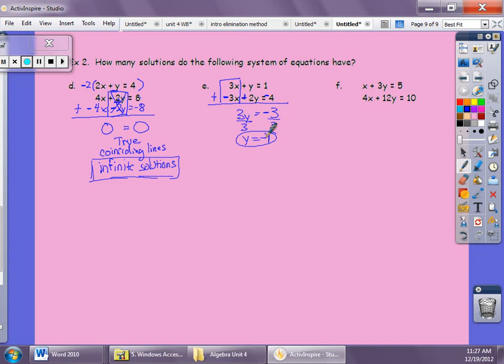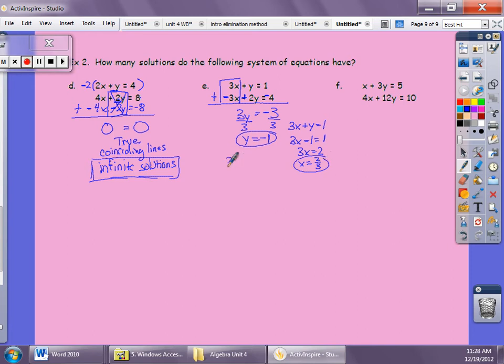So we know that y has a value. What this tells us is that we're going to have a solution. So we can figure out the value of x by plugging y back in. If we do 3x plus y equals 1, we plug in negative 1: 3x minus 1 equals 1, 3x equals 2, x equals 2/3.